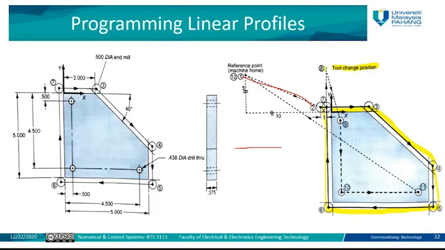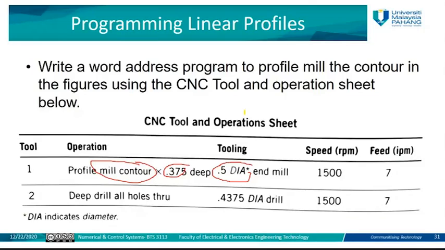So at point 8, the tool will be changed from tool number 1, which is the profile mill contour, into the drill tool. As we said, inside the machine there is an automatic tool changer. This automatic tool changer is responsible for changing the tool based on its number. If you say T1, it gives you tool number 1.